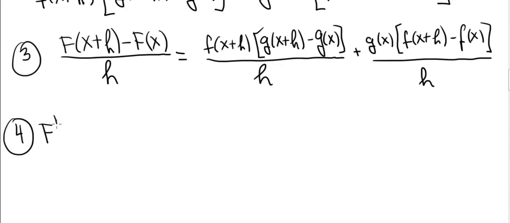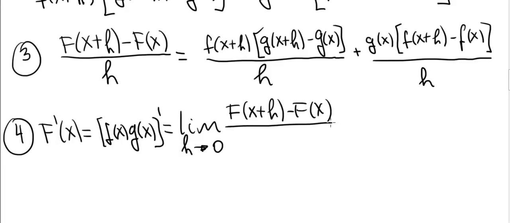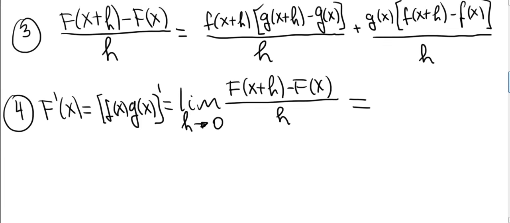The derivative F prime of x, capital F prime, which is of course the derivative of the product of little f with little g, is equal to the limit as h goes to 0 of capital F of x plus h minus capital F of x, divided by h. Now let's bring in what we did at the end of step 3. We have these two limits.